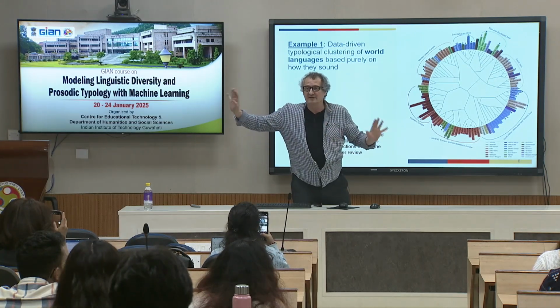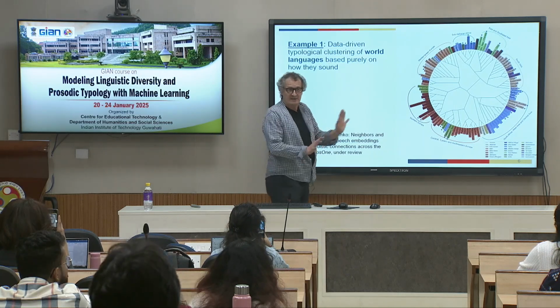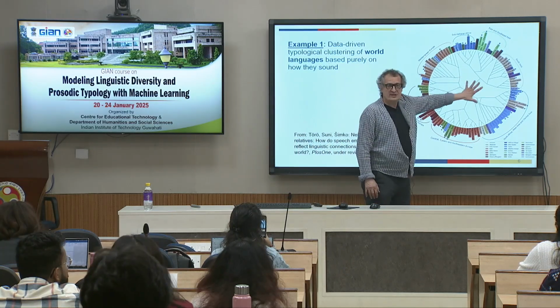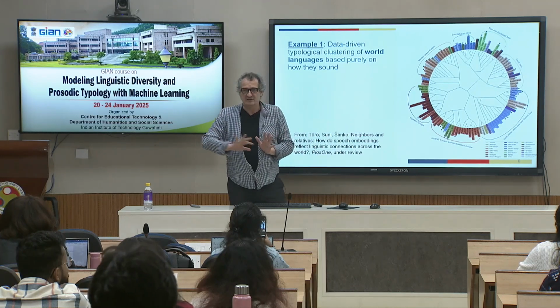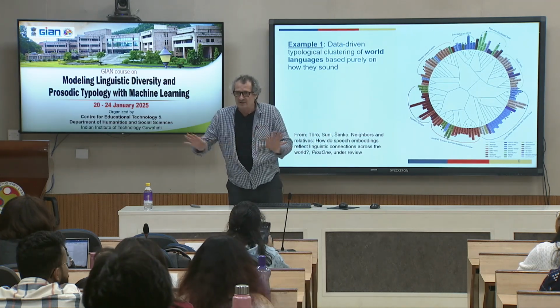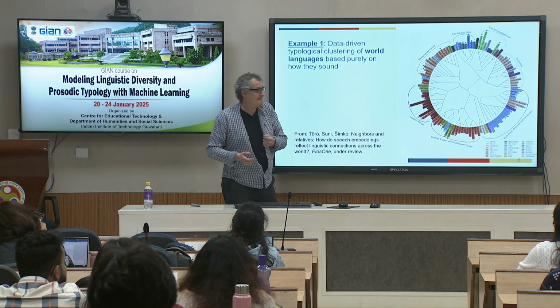When they are further apart, they are less related based on this technique. This tree is completely data-driven. Zero linguistic knowledge was put into it. It's purely based on the sound. The machine learning technique is completely agnostic to things like language family, the structures of the languages, morphological characteristics and what have you. It only has what it got from this type of machine learning processing.